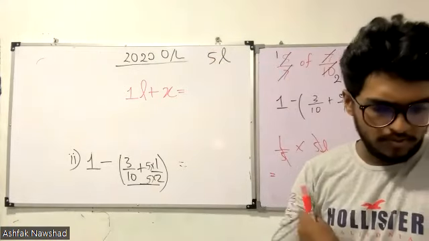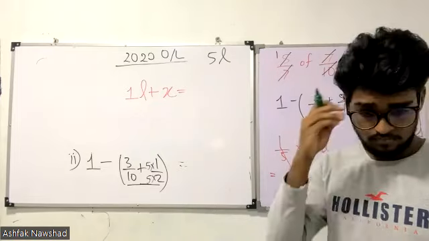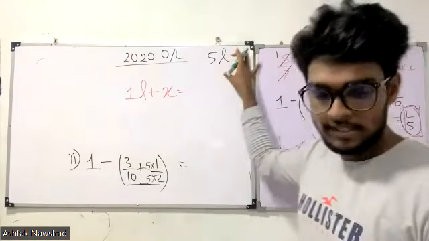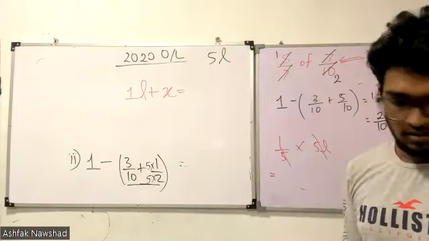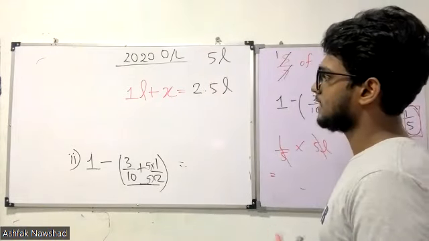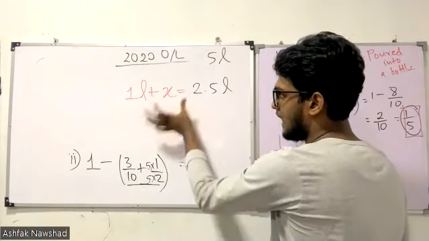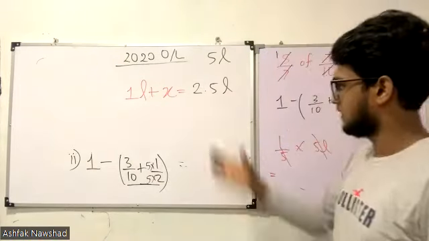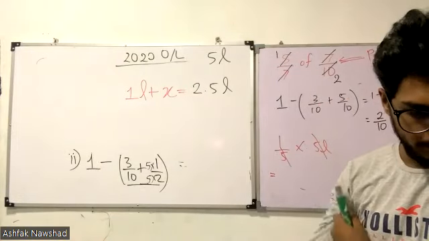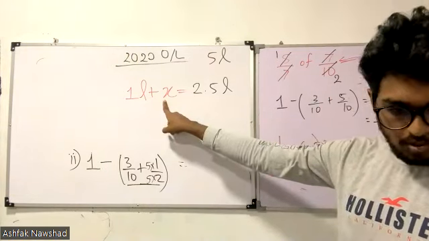What is exactly half of it? If you have a 5 liter container, what is half of it? 2.5, exactly. So, did you understand this equation? There was 1 liter remaining. They added more drink and the liquid became 2.5 liters. That's clear, right? So, they are asking us to find the added amount. How to find it?